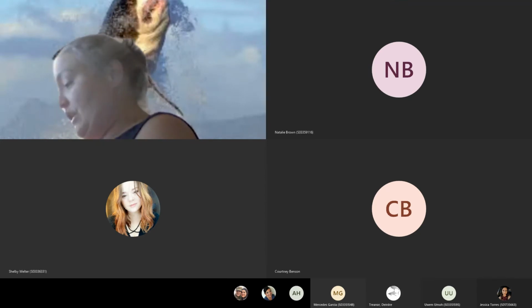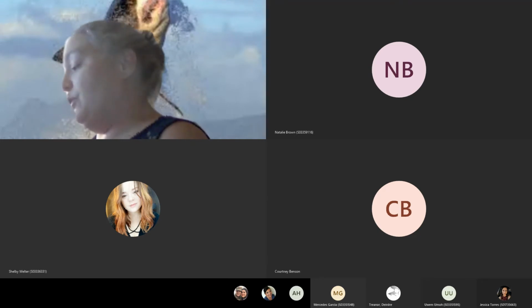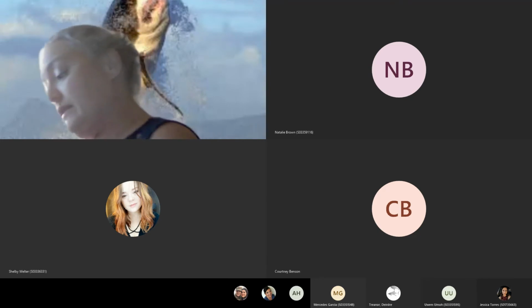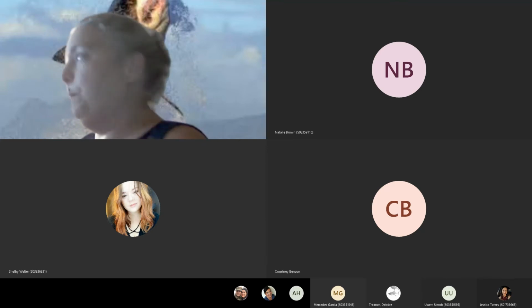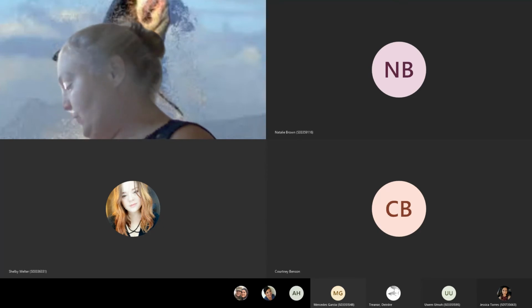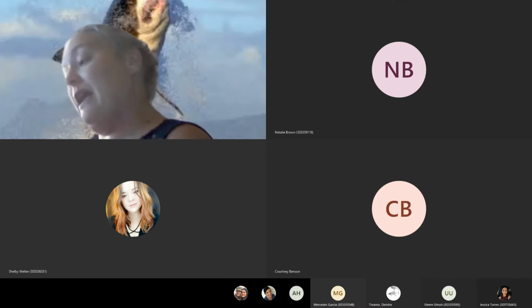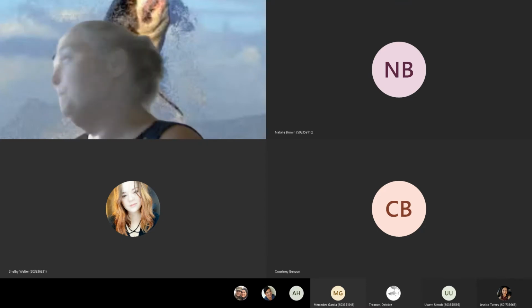Then distribution, when it gets out to everywhere else: transport via the bloodstream to the site where it's supposed to work. And metabolism is biotransformation, so the chemical is altered into active and inactive metabolites. And then excretion, where it is eliminated.